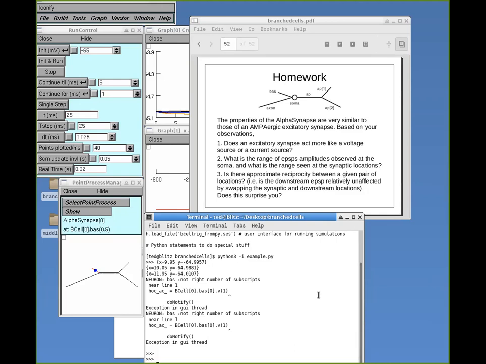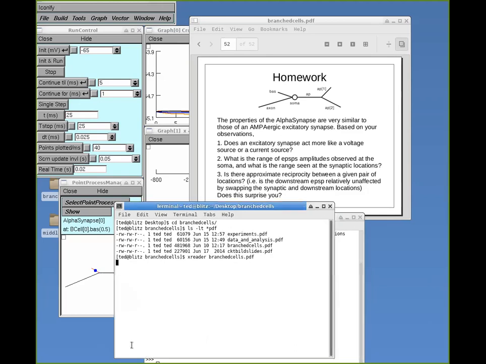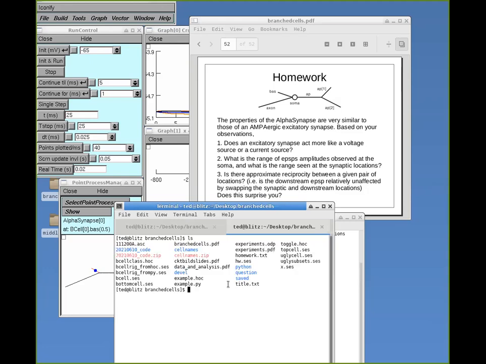All right, so to do that, I'm going to take my experimental data and I'm going to look at a particular view of it. Actually, the first thing, yeah, I'm going to do data and analysis.